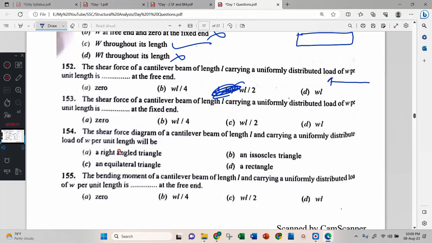Correct. This is your uniform distributed load, and they want the shear force diagram. Okay, this is WL. Therefore D.